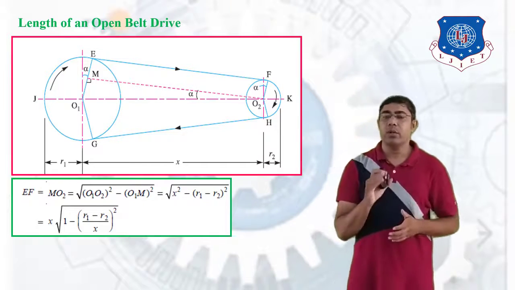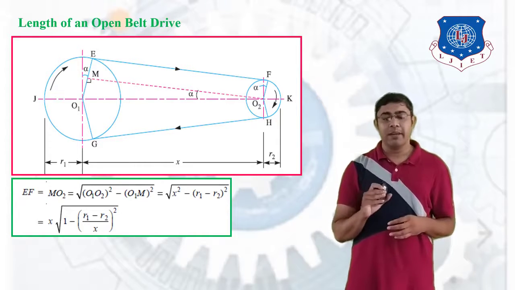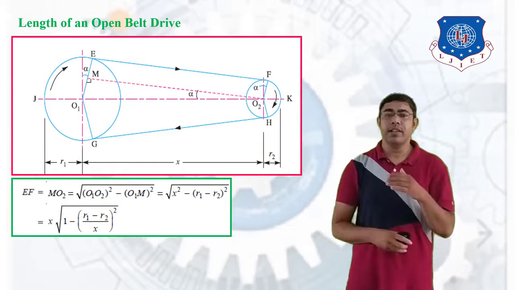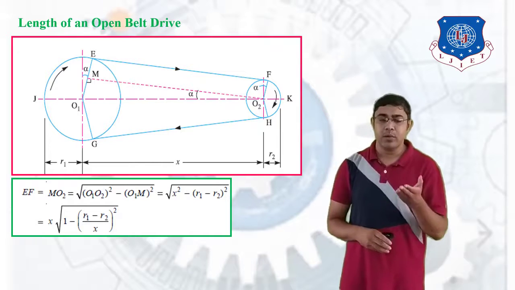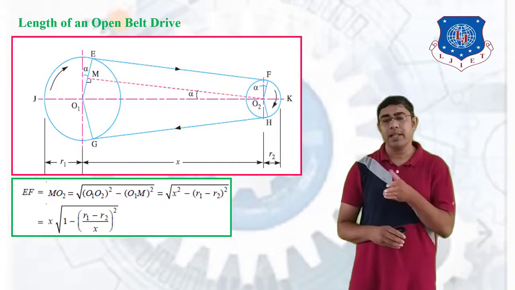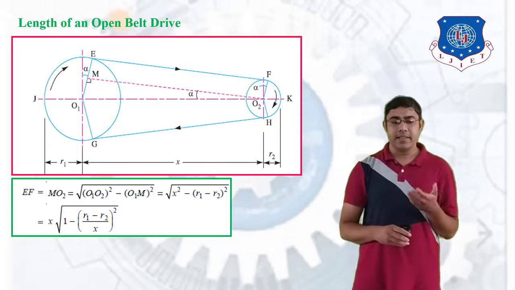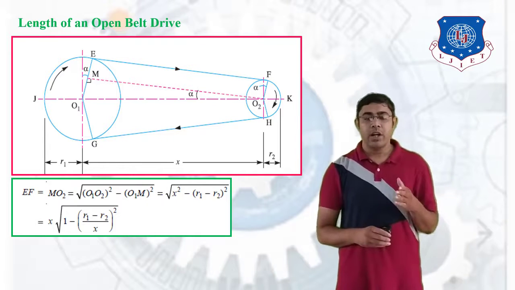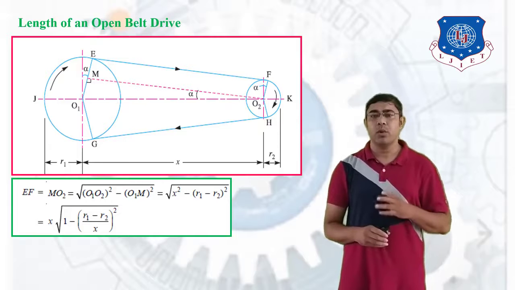So EF is equal to MO2, which is equal to under root of O1O2 square minus O1M square. O1O2 is the distance between the two pulleys, so it is X, and O1M is R1 minus R2. So EF is under root of X square minus R1 minus R2 whole square. If we simplify, we get EF is equal to X into under root of 1 minus R1 minus R2 divided by X, raised to whole square.